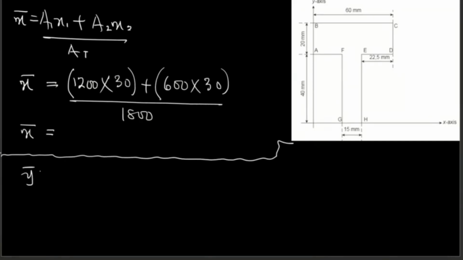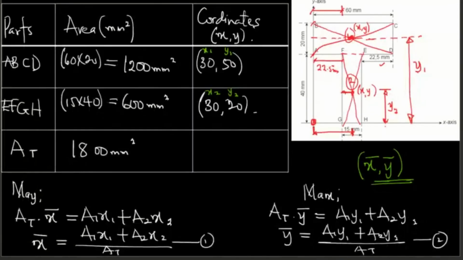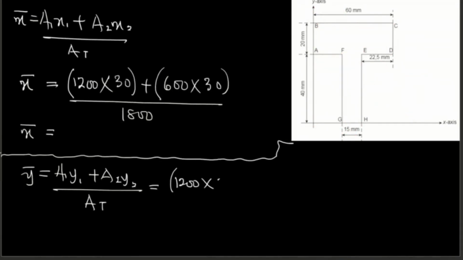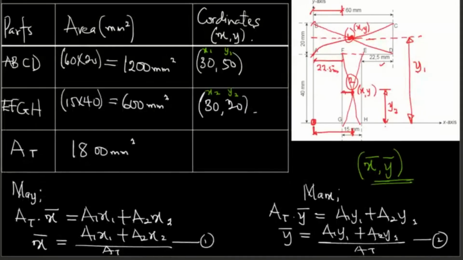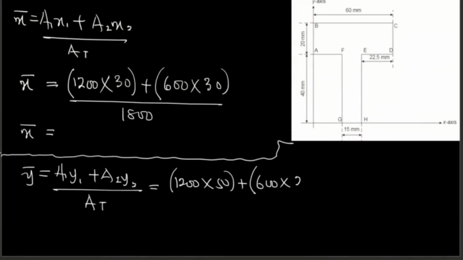And with the y, y bar is A1 y1 plus A2 y2 divided by A total. So this is A1, 1,200, y1 is 50, A2 is 600, y2 is 20, divided by the total area, which is 1,800.